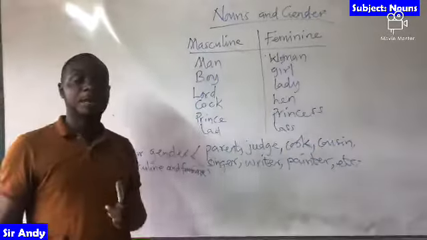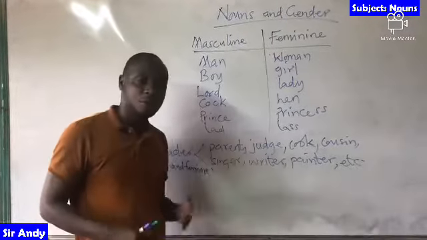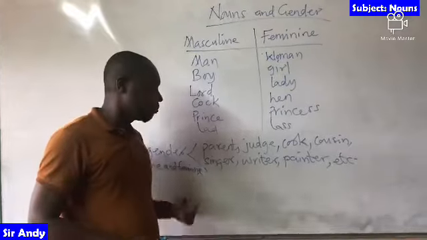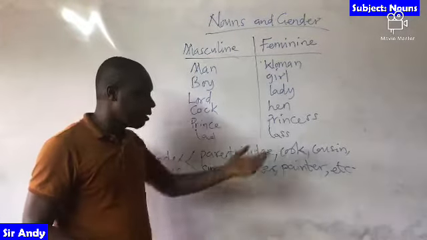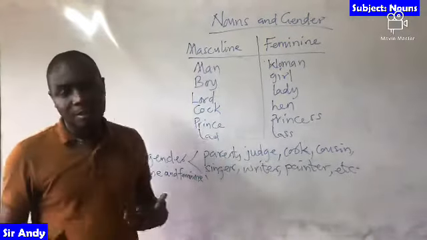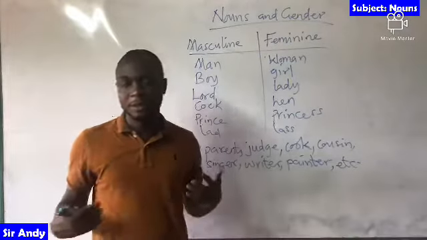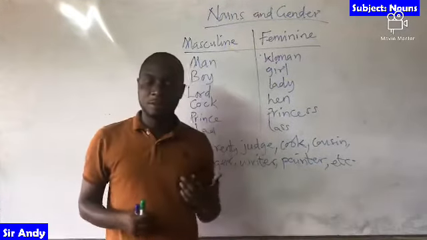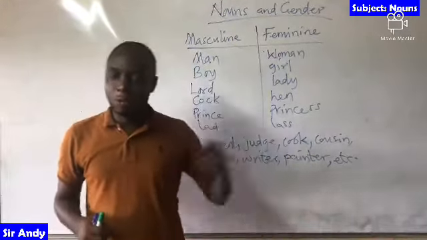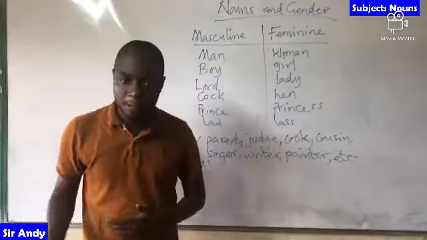When it's about parent, it could be male or female. We can have judge, it could be male or female. Some people try to call lady judge. We can have cook. It could be female or male. Sometimes some people are just trying to claim cook, for instance, for themselves, and relate cook only to females. But men too could also be cook, right?